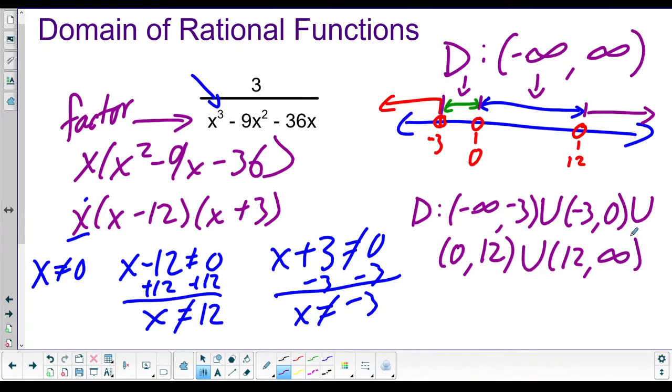And infinity gets a parenthesis because it's not a real number. It's a made-up symbol so that we can represent forever. But you can't get to forever, so you don't include it. And it's that easy. So you just find your restrictions, and then you cut up your domain, putting holes where the restrictions are, and then writing the domain out in interval notation is pretty easy from there.